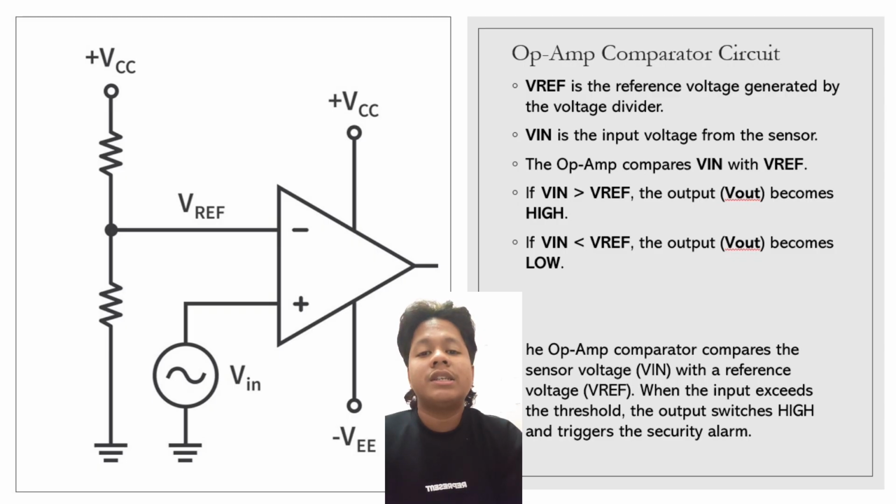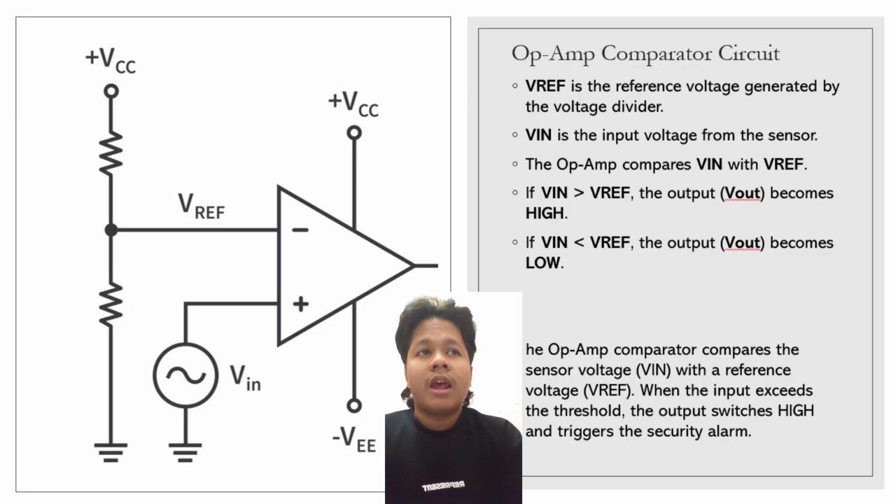This slide shows the comparator circuit operation. The sensor voltage is represented by VIN, while the reference voltage is represented by VREF. The OP-AMP continuously compares these two voltages. If VIN is greater than VREF, the output voltage becomes high.